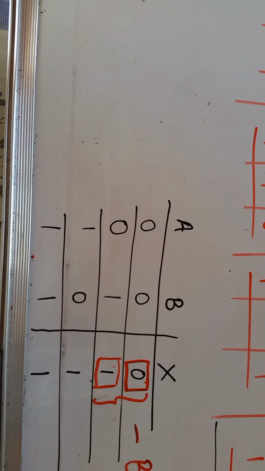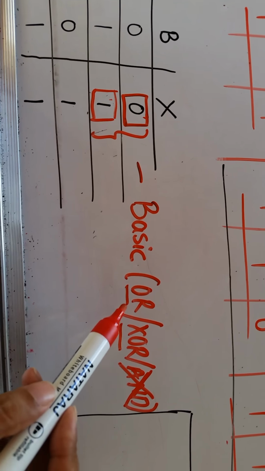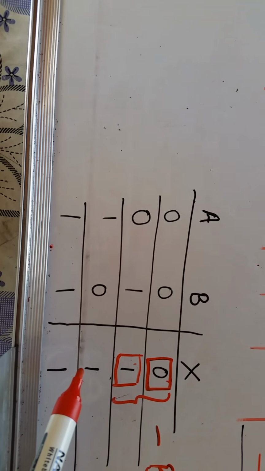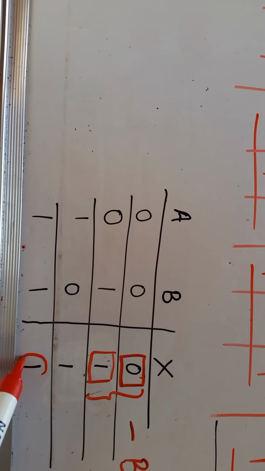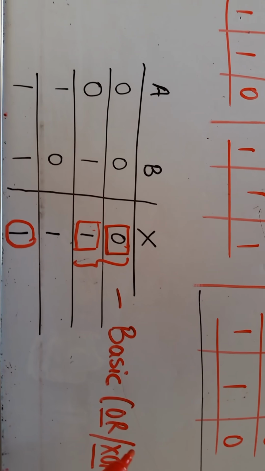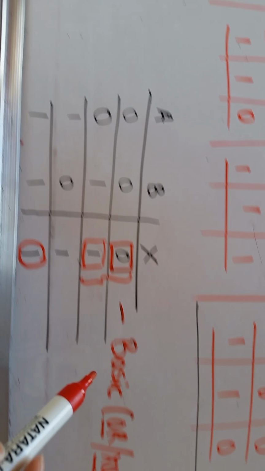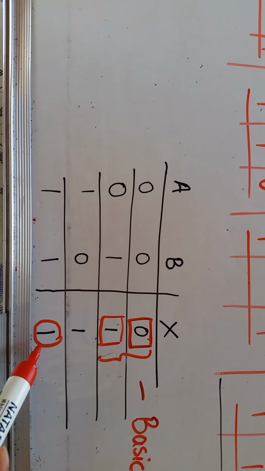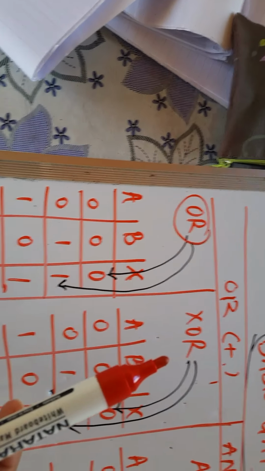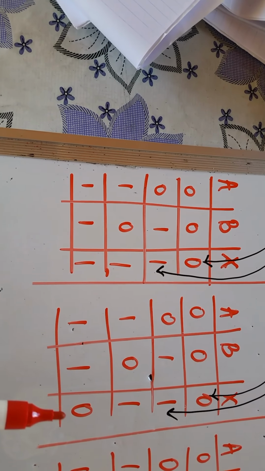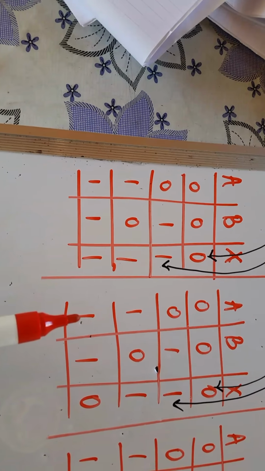Now I will have to know if it is OR or XOR. So I am going to jump on to the last output. If in the case you get to choose between OR and XOR, you will have to go to the last output, because the difference between OR and XOR lies in the input of 1, 1, when A is 1 and B is 1.